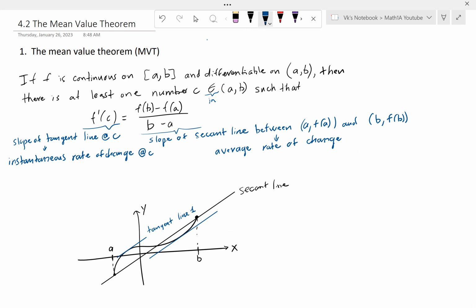Tangent line 1 at x equals c, and tangent line 2 at x equals d. This illustrates the mean value theorem. Let's take a look at the application of the mean value theorem.